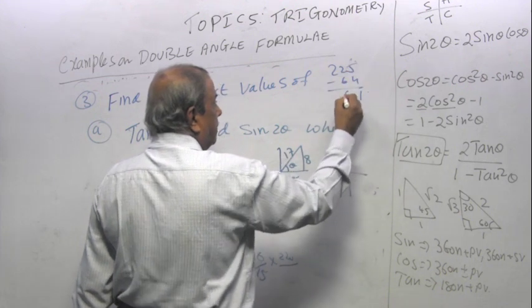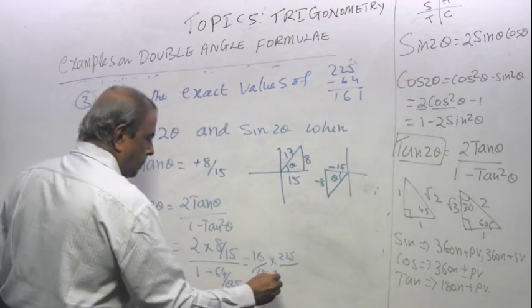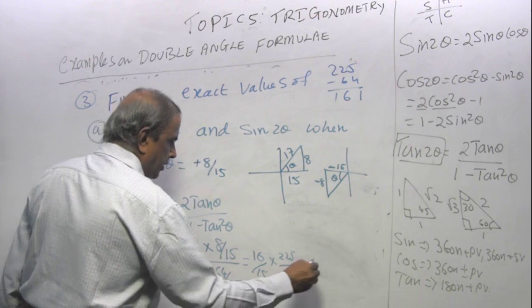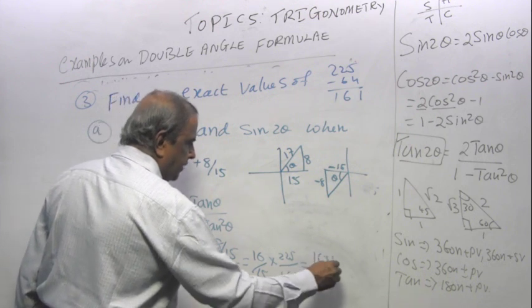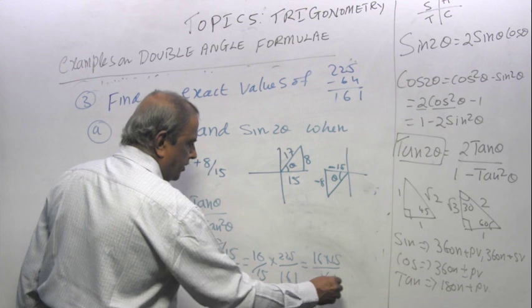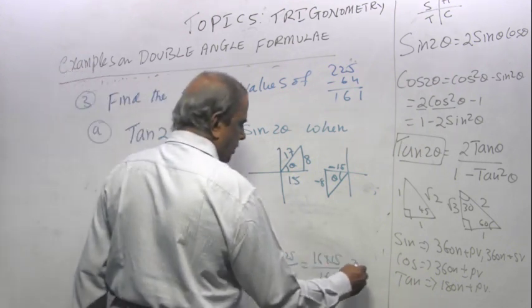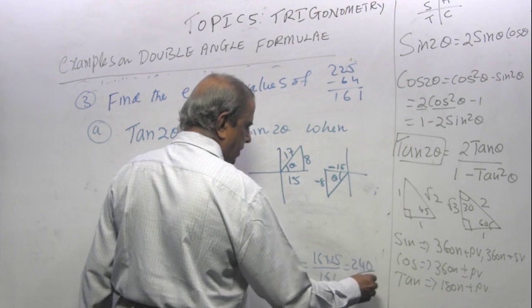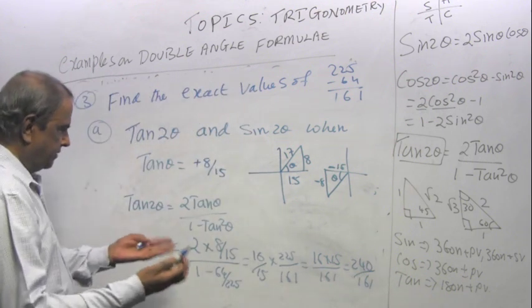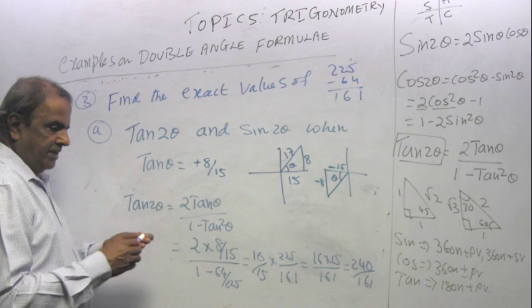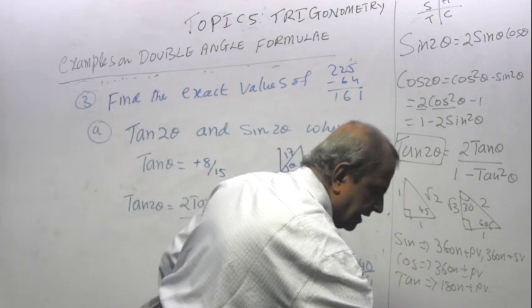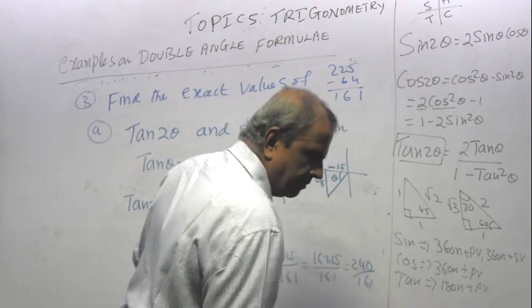That is 161. So that is 16 times 15 over 161, which is 240 over 161. That's straightforward. But let us look at sin 2 theta.